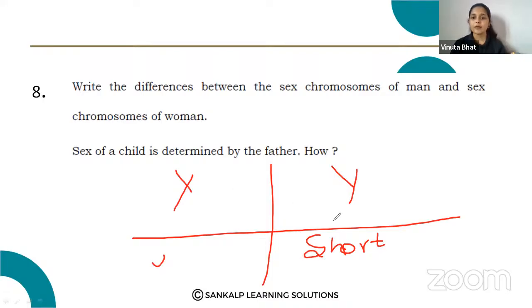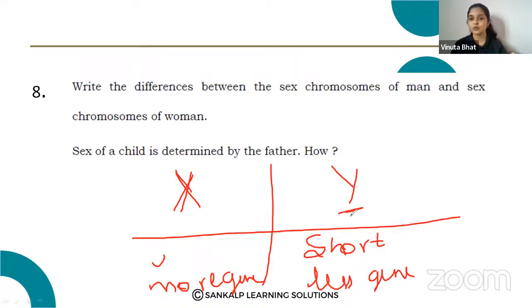Y chromosomes have fewer genes compared to X chromosomes. X chromosomes have more genes compared to Y chromosomes. The X chromosome is responsible for some characters in females. The Y chromosome is responsible for the male characters in males. So that is the main difference between the two chromosomes.